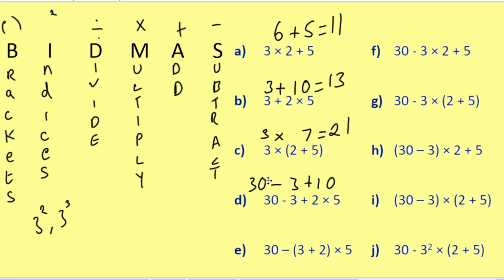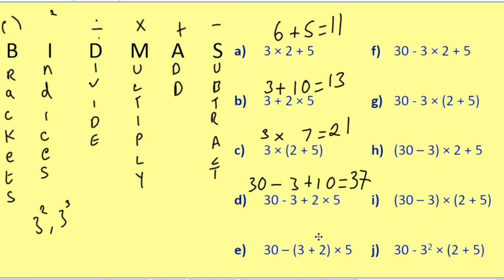When we've got a subtraction and an addition in the same line, what you want to do is just work left to right. So ignore BIDMAS. When it's just these two next to each other, you work left to right. So 30, take away 3, which is 27, add 10, which is 37. Okay, that can catch anybody out, that one.